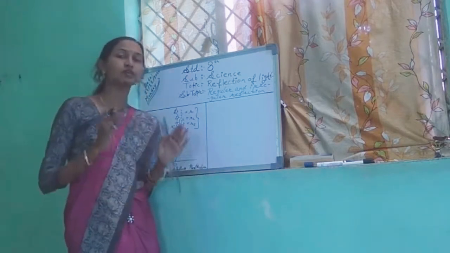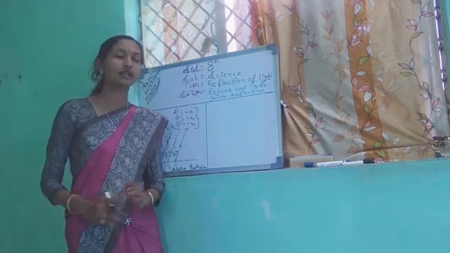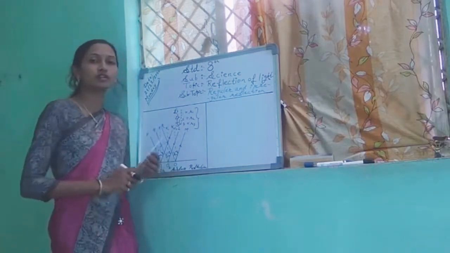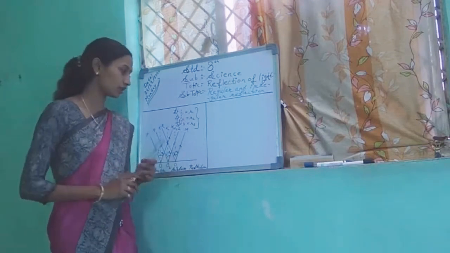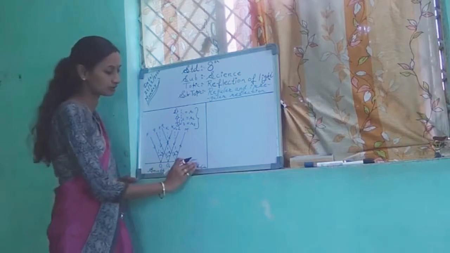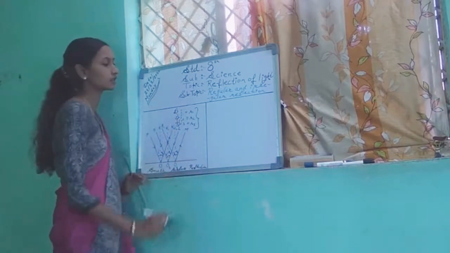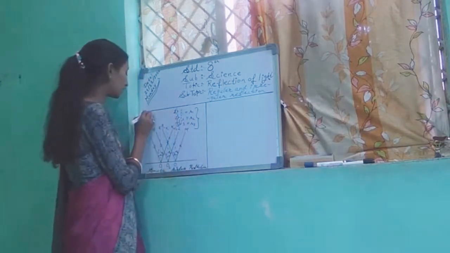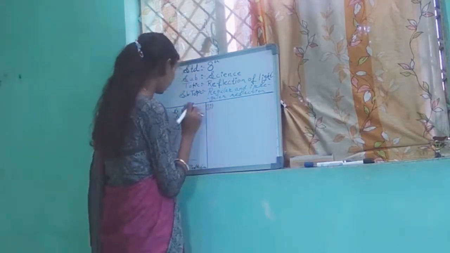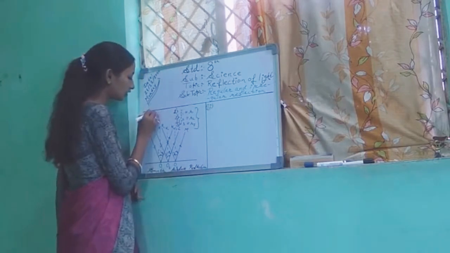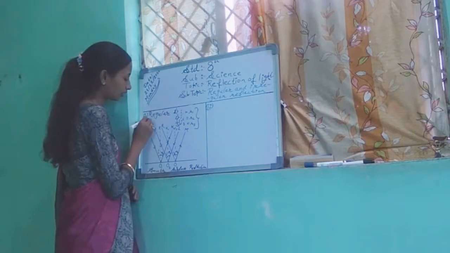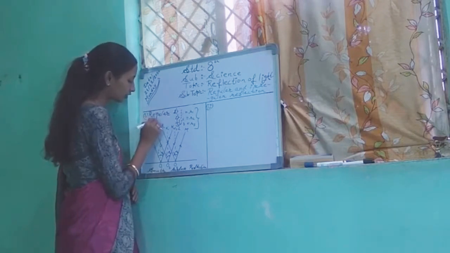The reflection from any smooth surface is called regular reflection. This was all about the smooth surface, and this was regular reflection.